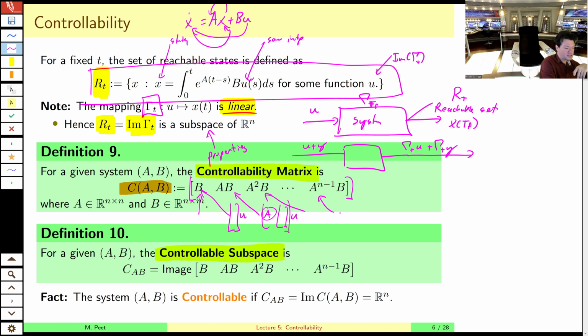How far do you have to go before you stop mixing? Well, if n is the dimension of x, x is in R^n, it's also the dimension of A. A is n by n. You stop mixing when you get to A^(n-1). So there's only n terms in here.